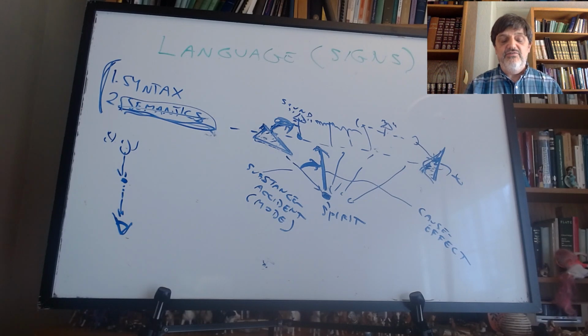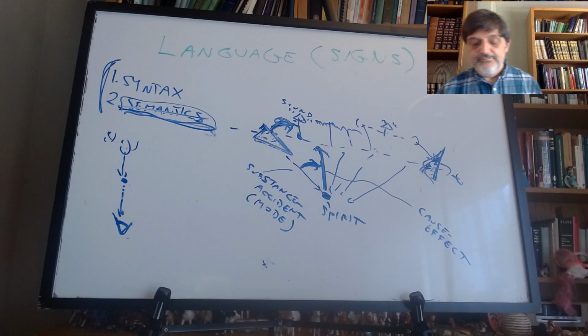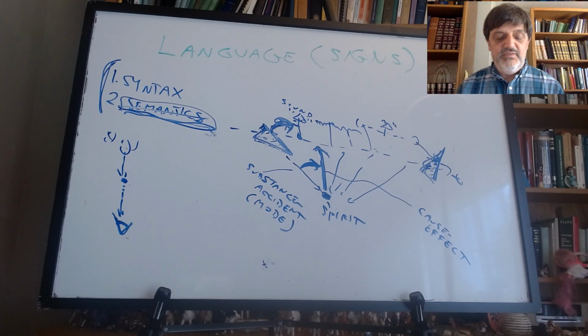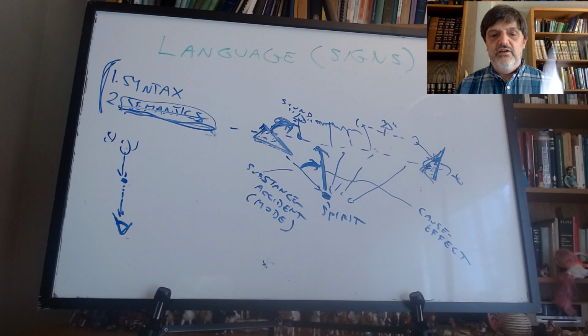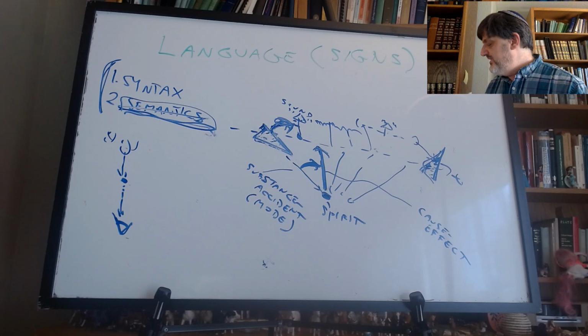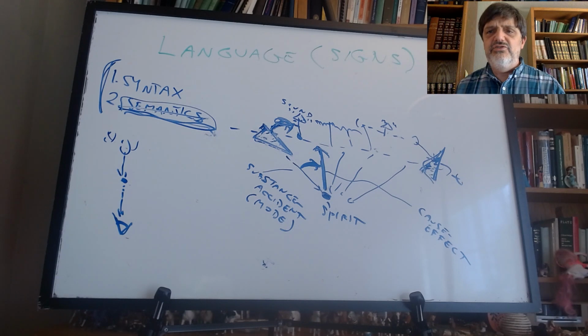The essential function of language is that these should be marks to express our will. Okay, so that's what I wanted to say, in a kind of introductory way, about signs and language.